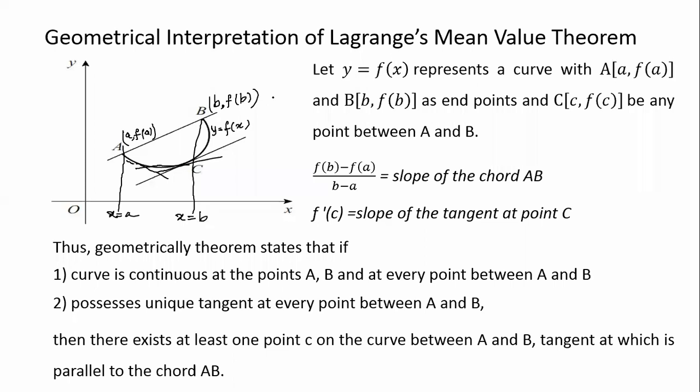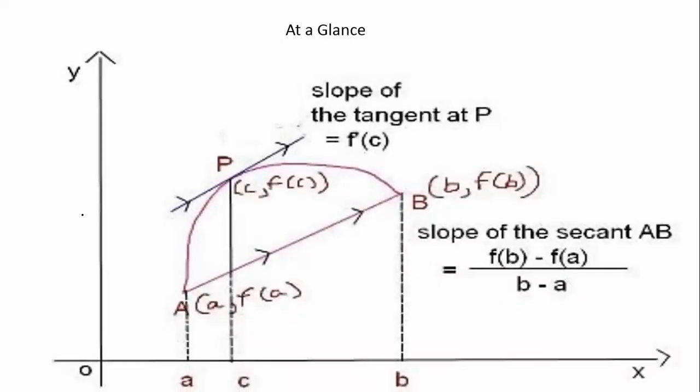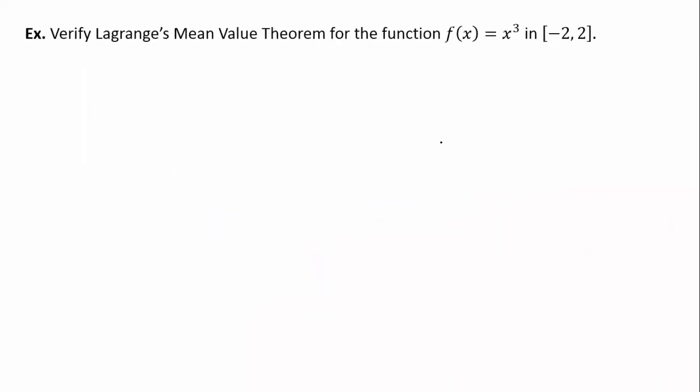So this is the geometrical interpretation. And at a glance, the same thing is shown in another way. These are parallel, and hence f of b minus f of a upon b minus a is exactly the same as f dash of c.